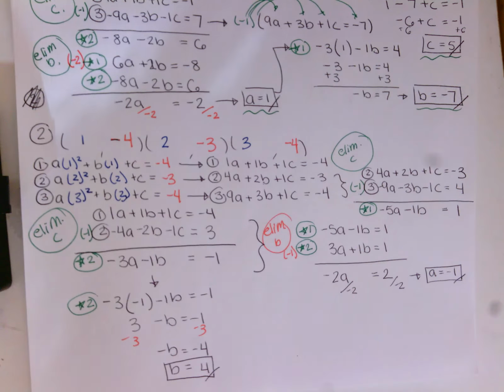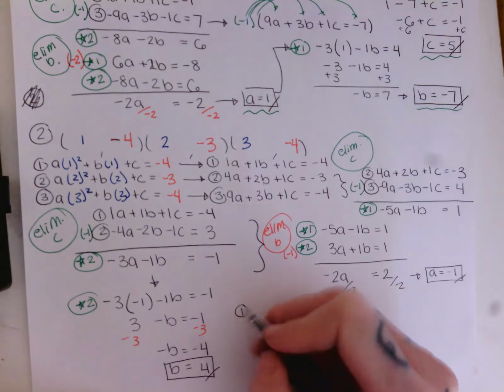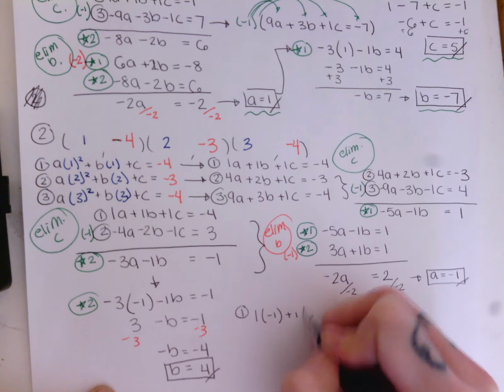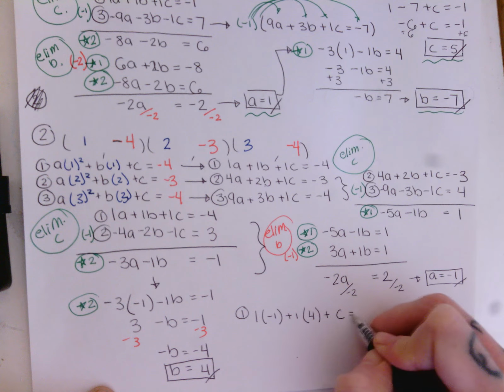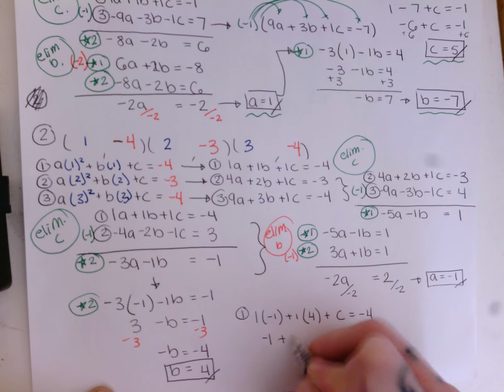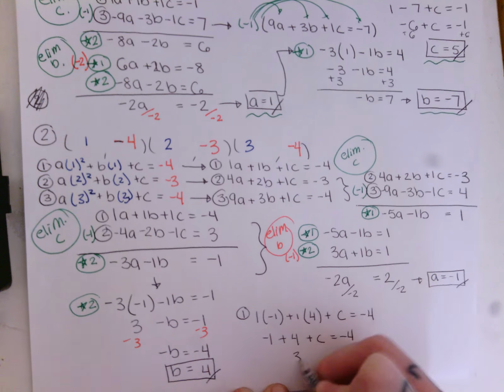I'm going to look up at the top. It seems this equation is the simplest. Instead of A, I'm going to put -1. Instead of B, I'm going to put 4. Don't know what C is still. -1 times 1. We've got a +4 plus C. This here will give me 3.